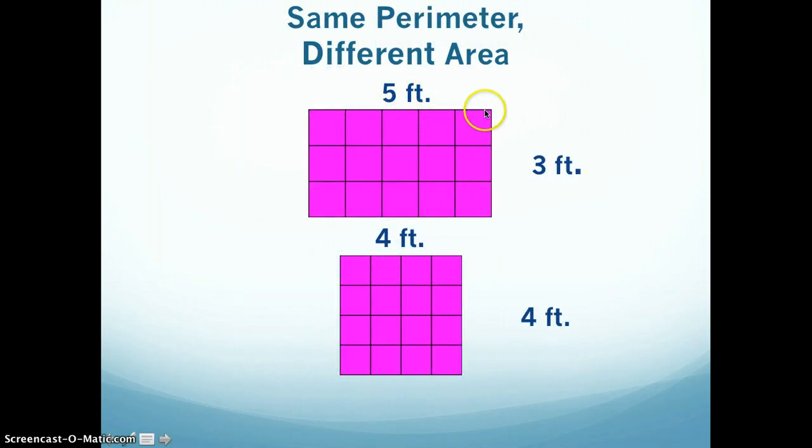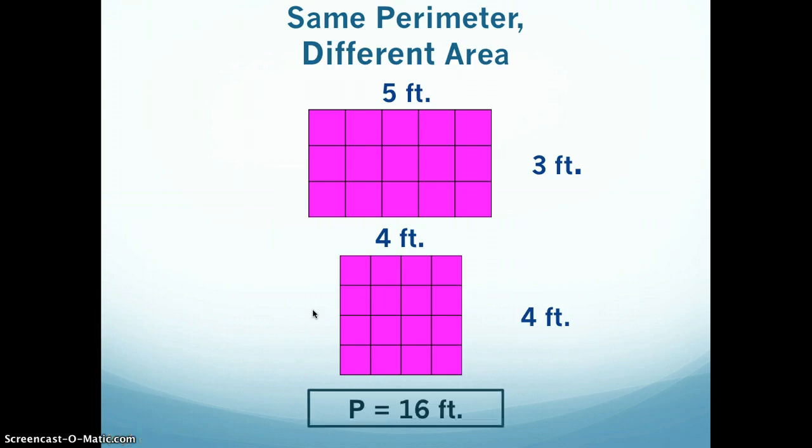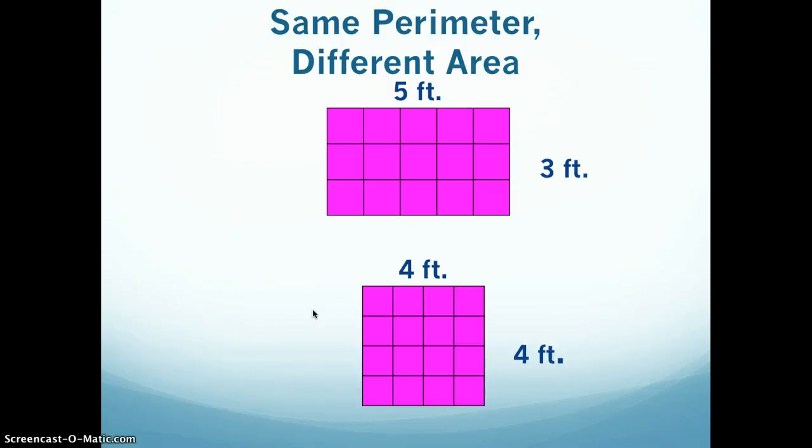We have a length of 5 and a width of 3. So if we are trying to find the perimeter here, we know that 5 plus 3 plus 5 plus 3 should be the exact same perimeter, same distance as 4 plus 4 plus 4 plus 4. Your perimeter should be 16 feet. The area, however, is a different story.